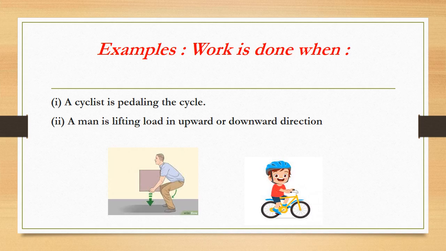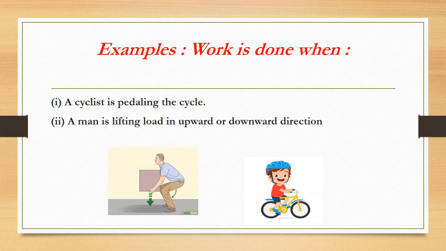Man is giving a force to lift that load or object and that body is also displacing. You know what displacement is from your study. The body is also moving upward or downward according to where the man is giving force. So in that case also we can see the work is done. You can see some examples here.